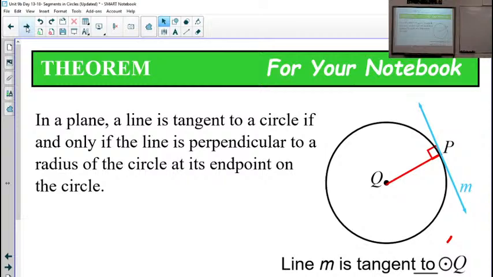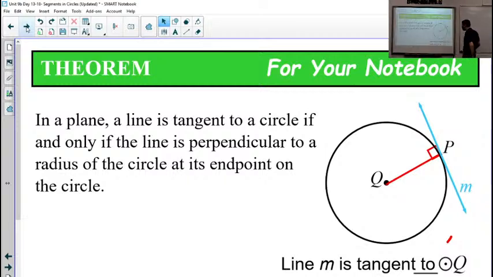We can solve it in the direction of: if we have a tangent, then we have perpendicular to the radius. So if I know this line is a tangent line, then that's going to give me a right angle.